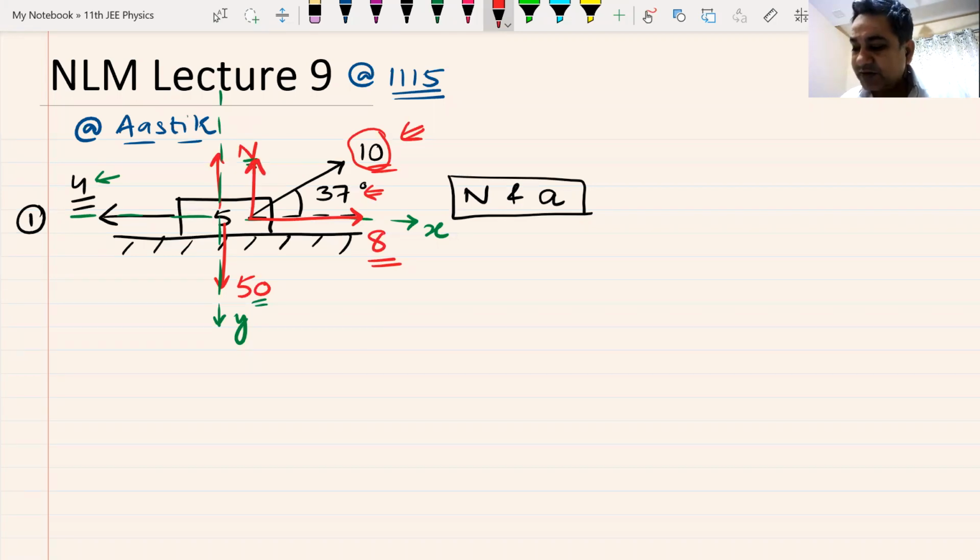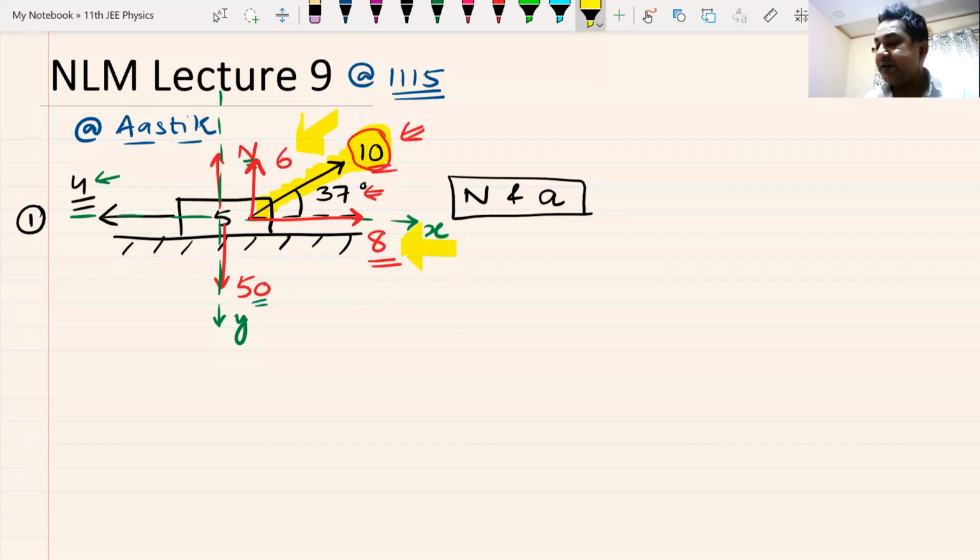And this becomes 10 sin 37. Sin 37 is 3 by 5. 10 into 3 by 5. This becomes 6 Newton. Now once you have done this, you can take this force off because there is no need of this force. We have already resolved it. So you can take this off. Instead of this force, I have 6 Newtons here and I have 8 Newtons here.